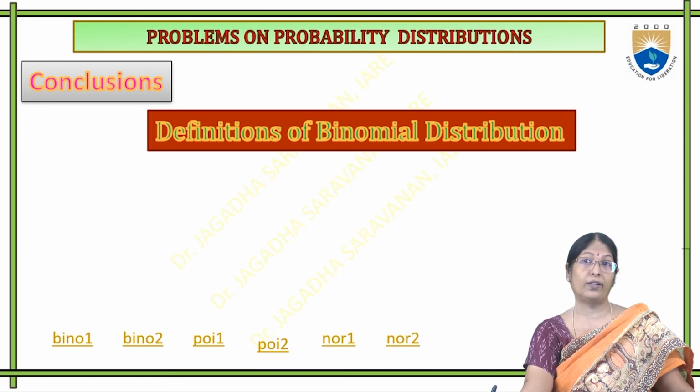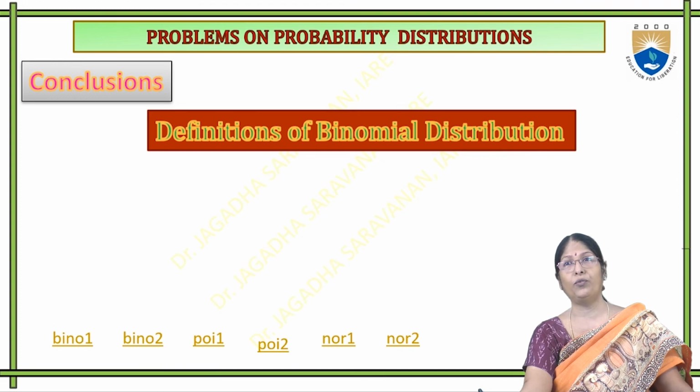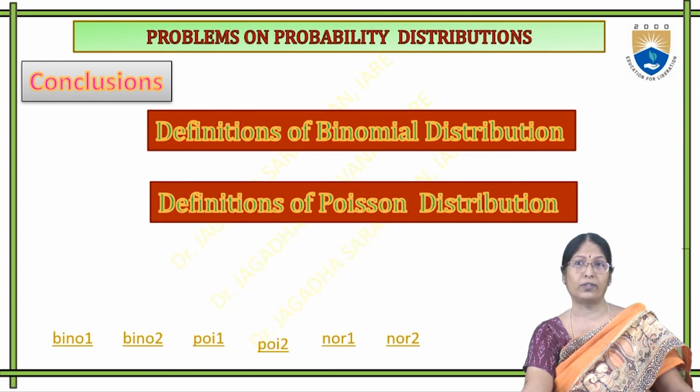The first one is the definition of binomial distribution. We discussed it. nCx p power x q power n minus x. P and q are the probability of success and probability of failure. X takes the value from 0 to n, whereas in Poisson it is 0 to infinity. That point is to be noted.